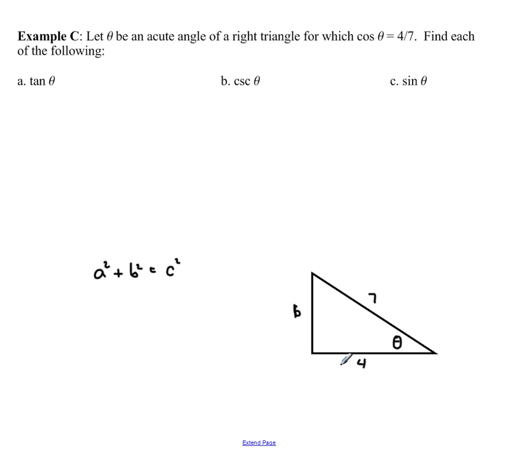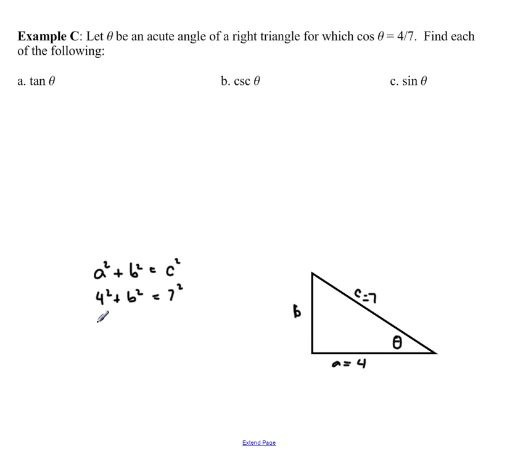Right here, our lengths for A and C are given this time, but not length B. Well, let's fill in with what we know. 4 squared plus B squared would equal C squared, which in this case is 7 squared.